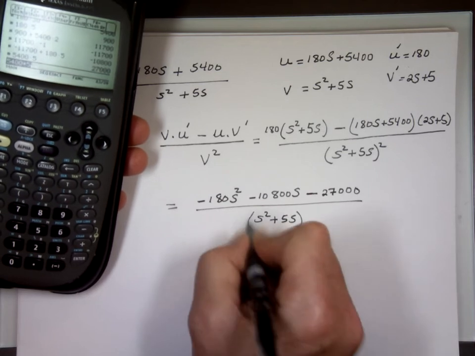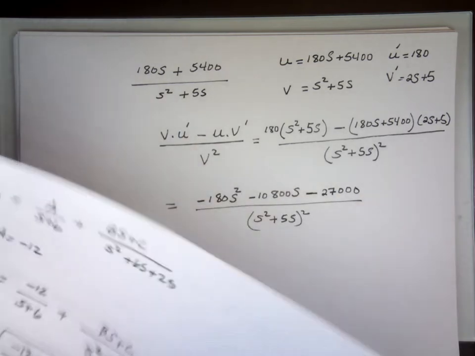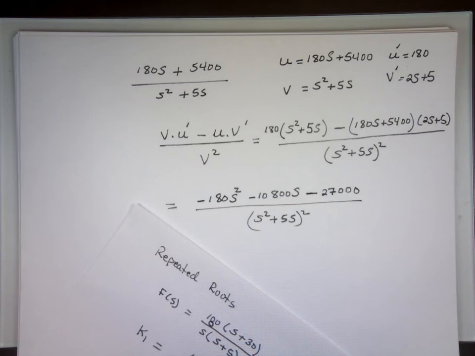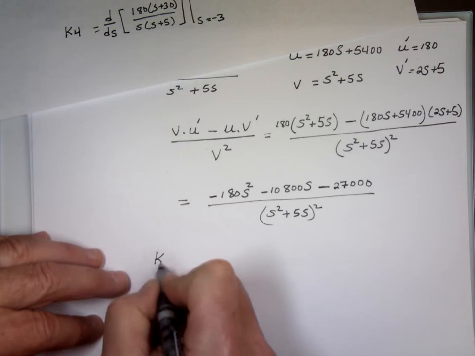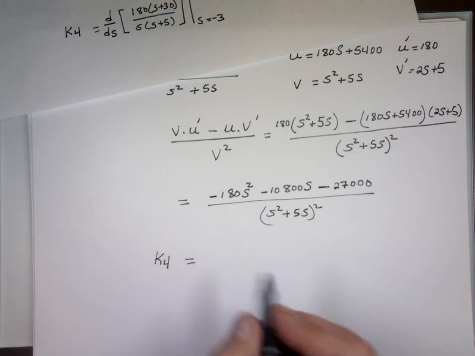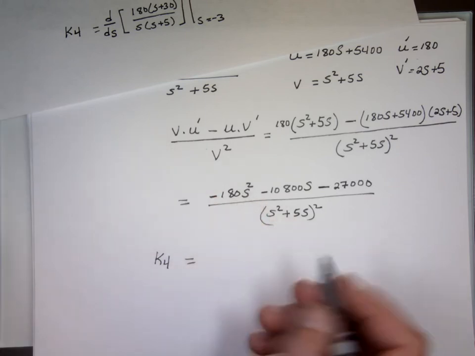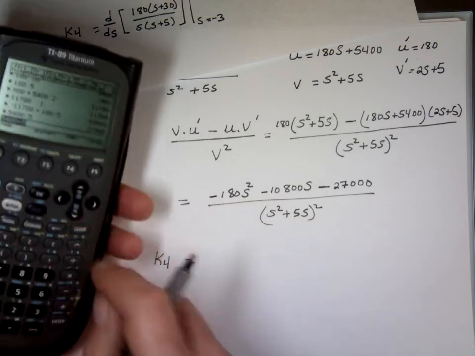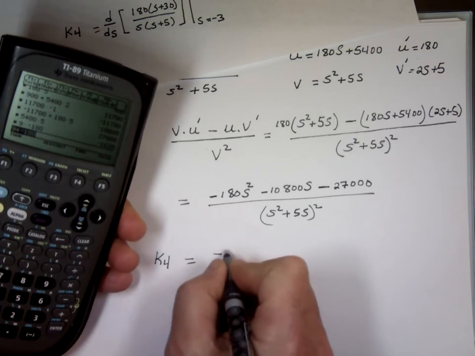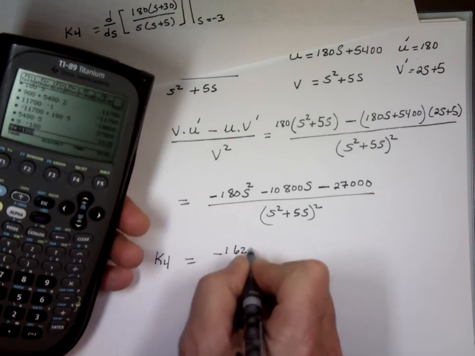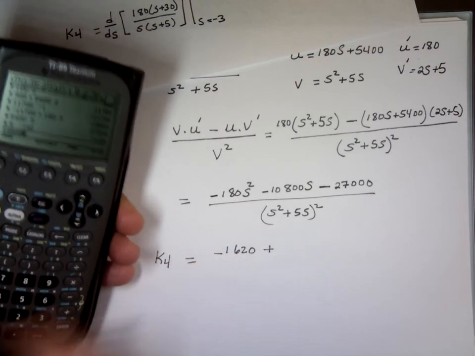So you want to find now what K4 is? It's the value of the derivative when s equals negative 3. So what is K4? It's going to be, when s equals negative 3, that's a 9. 9 times the negative 180. Negative 1,620 plus 10,800 times negative 3, or 3.